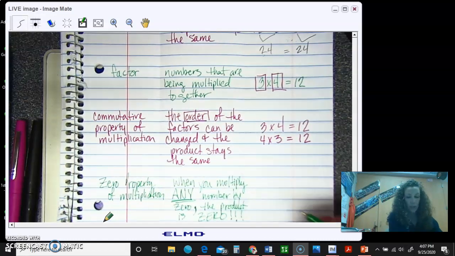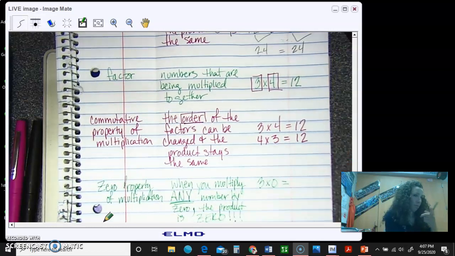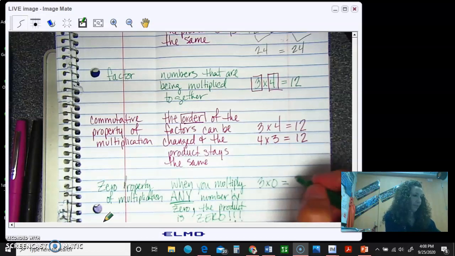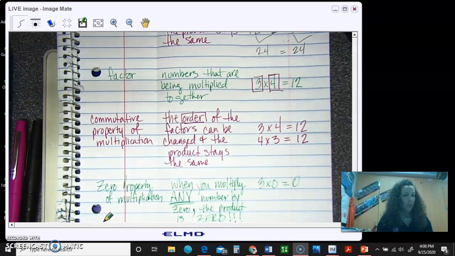Woohoo! Here's your example. 3 times 0 equals, you got it, 0. Now, let's throw in another one just to mess with your head a little bit.